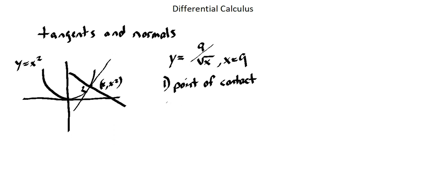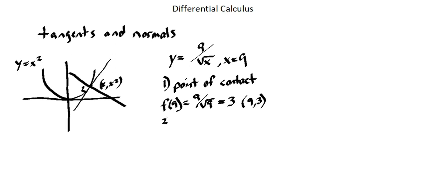The function is 9 divided by the square root of 9, which is 9 divided by 3, which is 3. So my point of contact is 9 for the x value and 3 for the y value.